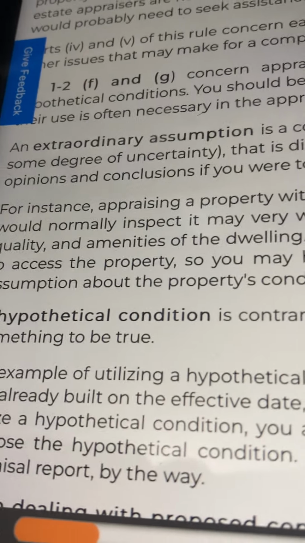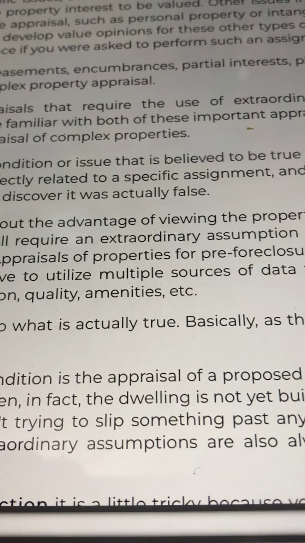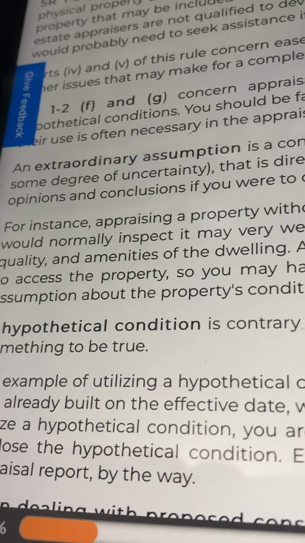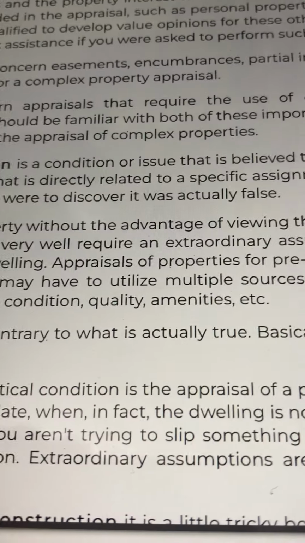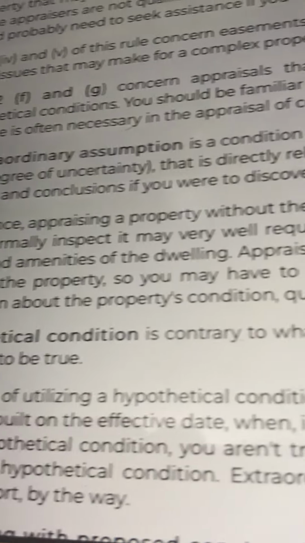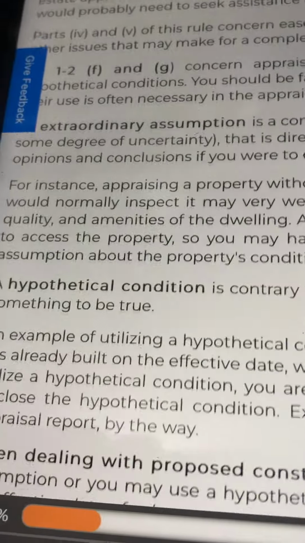An extraordinary assumption is a condition or issue that is believed to be true, although there may be some degree of uncertainty that is directly related to a specific assignment and that could impact your opinions and conclusions if you were to discover it was actually false.